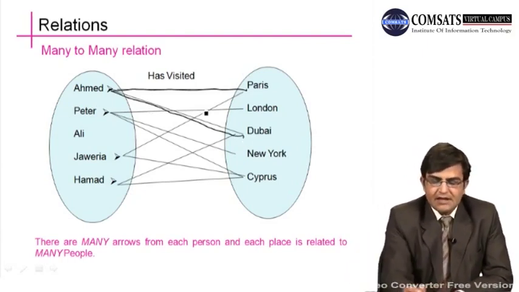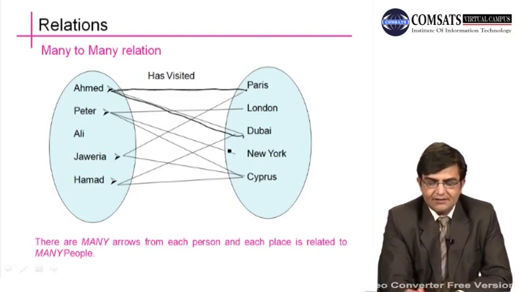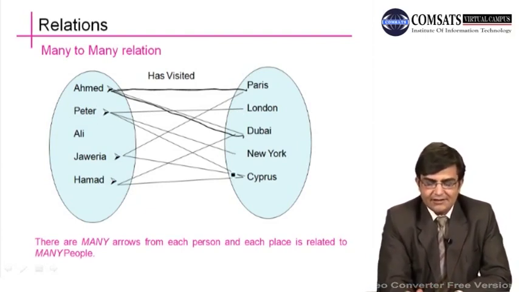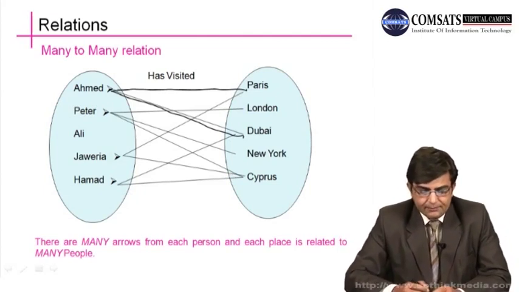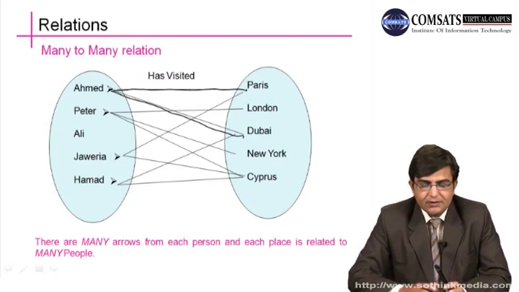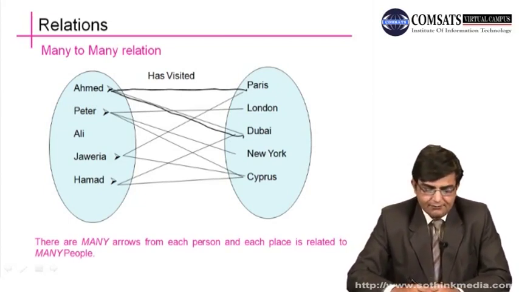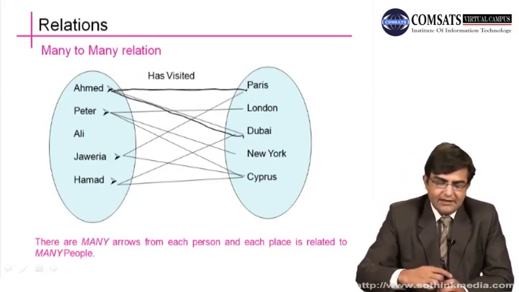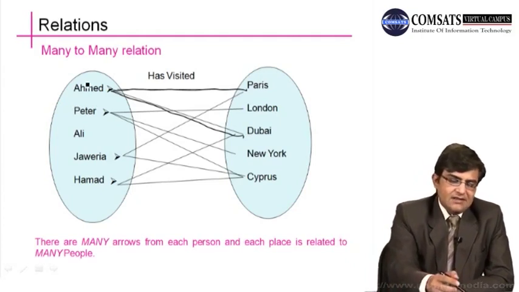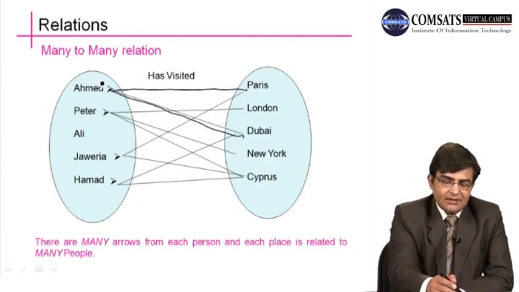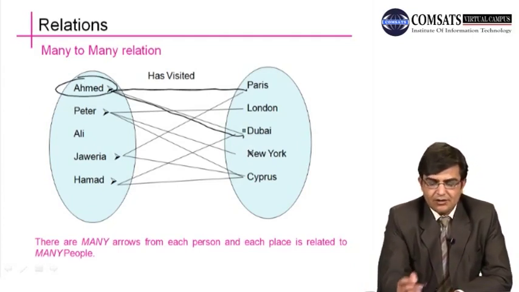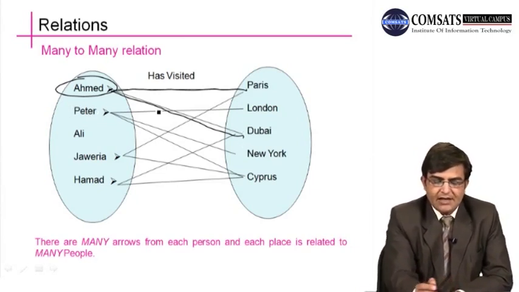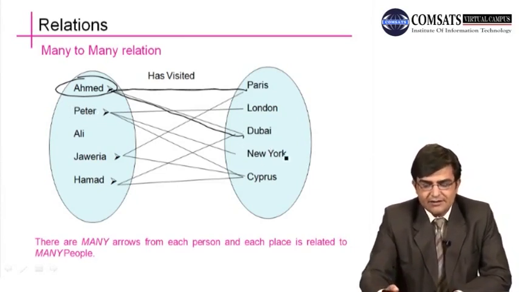Now Peter has visited London, New York, and Cyprus. So you can see here that one person has visited many places. For a better understanding, Ahmed has visited many places, and Peter has also visited more than one place.